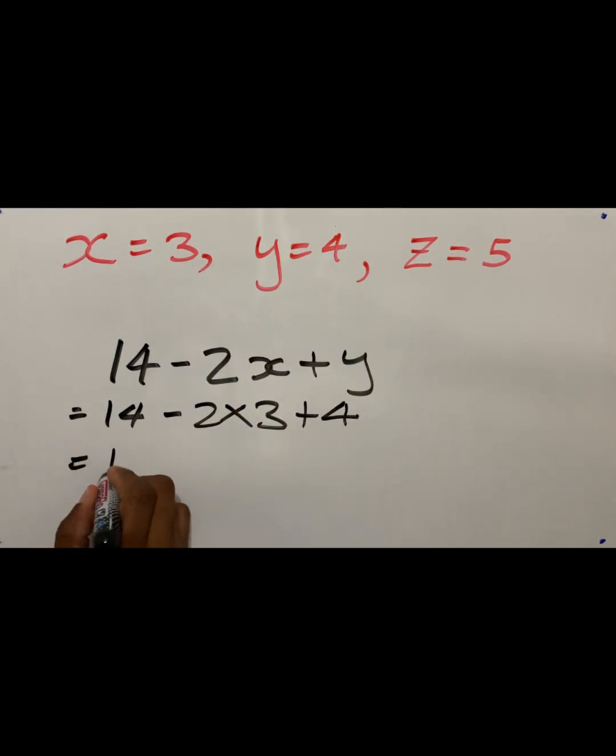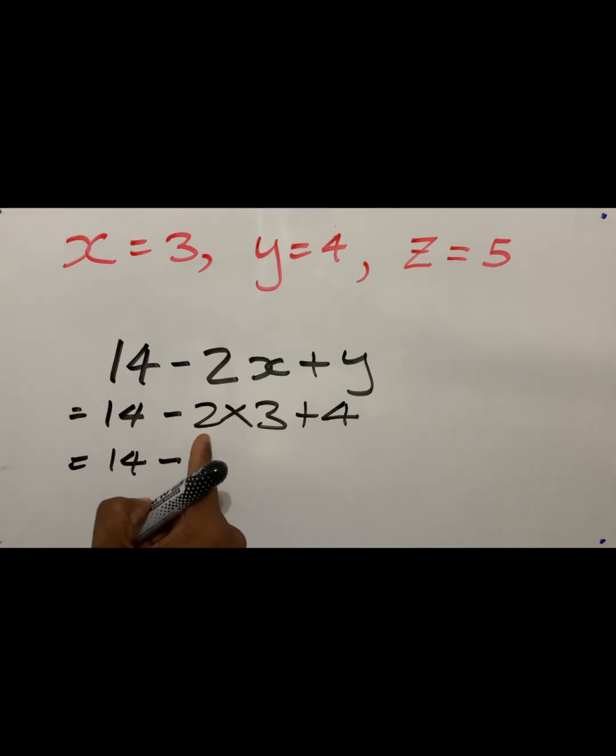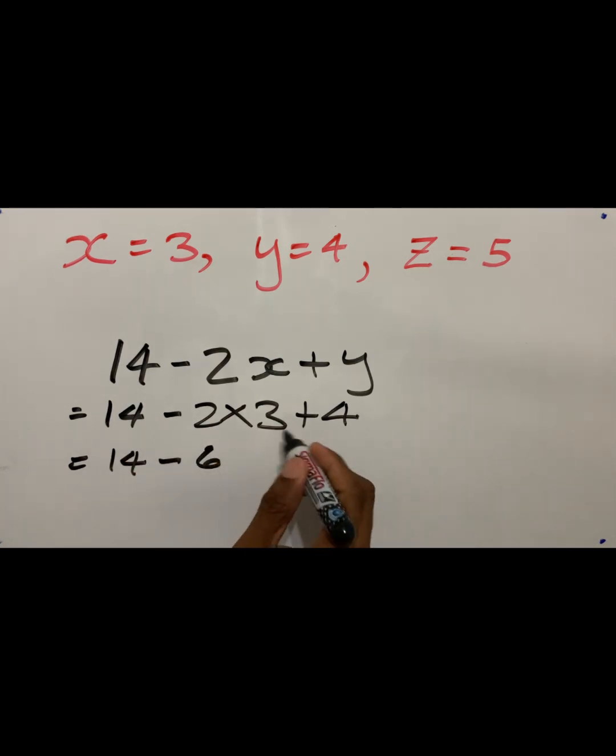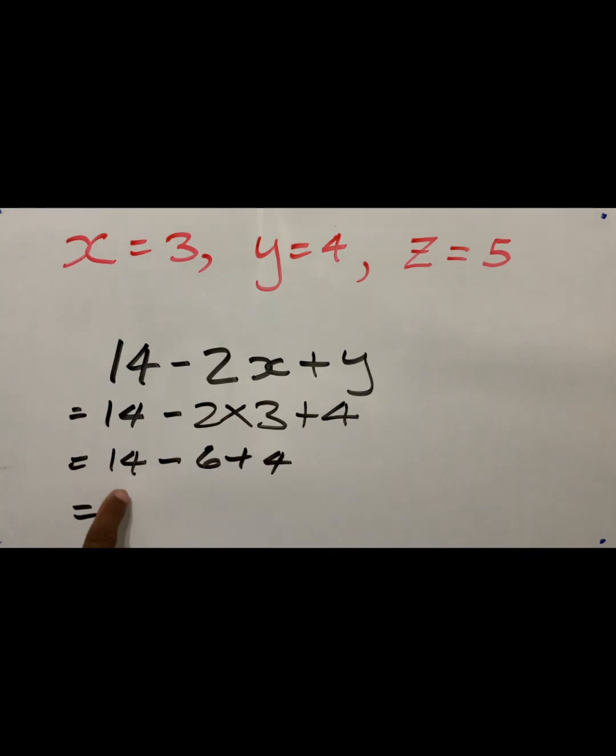This is equal to 14 minus 2 3s, 6, plus 4. This is equal to 14 minus 6 is 8. 8 plus 4 is 12. So our answer here is 12.